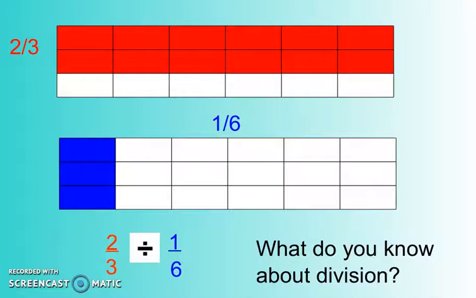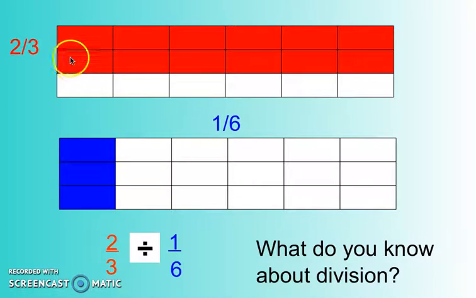Let's take a look at this image. What do you notice? Well, first of all, what do you notice? And then what do you know about division? Excellent observations. If you look at this rectangle above, do you notice that it is separated into 3 equal rows?